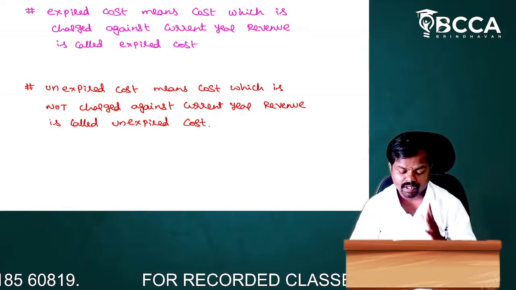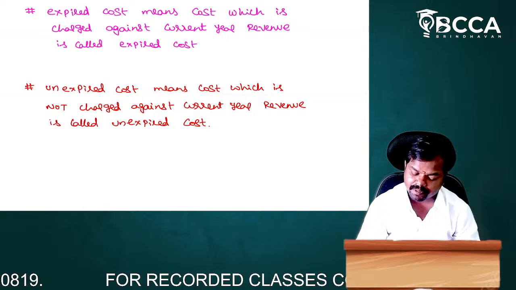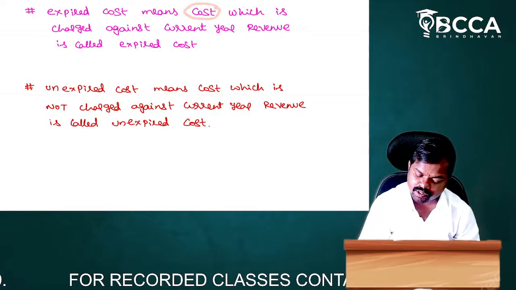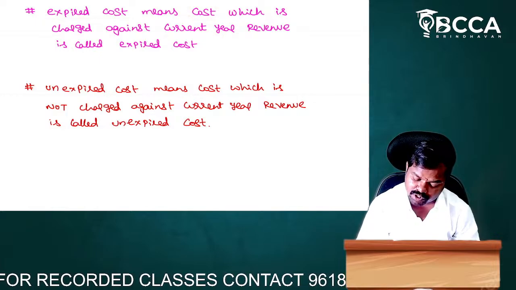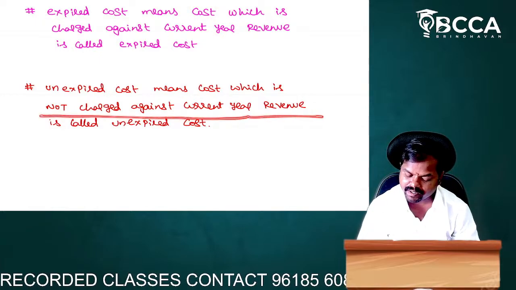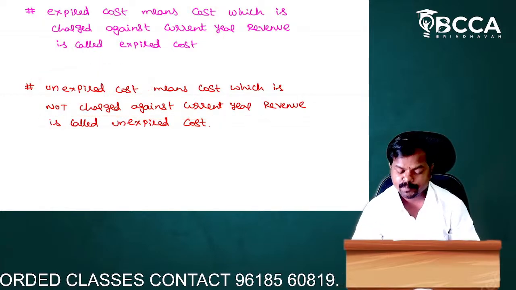Unexpired cost. I hope it is clear. Very simple, my dear friend. Any cost which is charged against current year revenue is called expired cost. Any cost not charged against current year revenue is called unexpired cost.